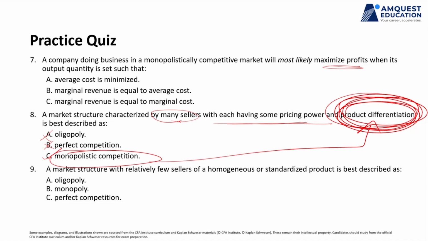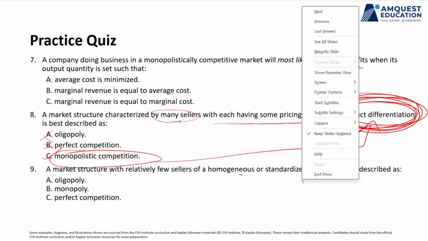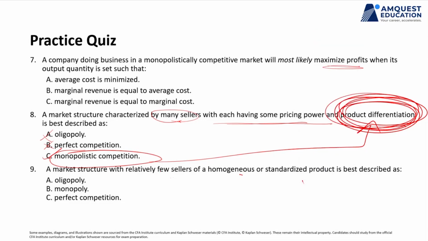A market structure with relatively few sellers of homogeneous or standardized products is best described as, very simple. When you have many sellers, it is perfect competition, so that is wrong. Monopoly is a single seller. So if it's few sellers, the answer is either oligopoly or monopolistic competition. It is not monopolistic, so it's oligopoly.